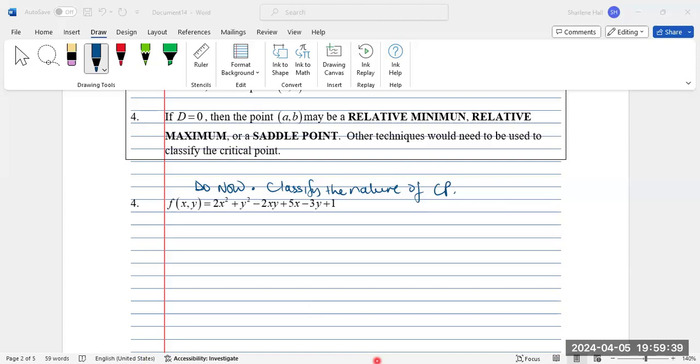What did you get for f subscript x? 4x minus 2y plus 5. And what did you get for f subscript xx? 4. What do you have for f subscript y? 2y minus 2x minus 3. And f subscript yy is 2, f subscript xy is 2, and f subscript yx is 2.